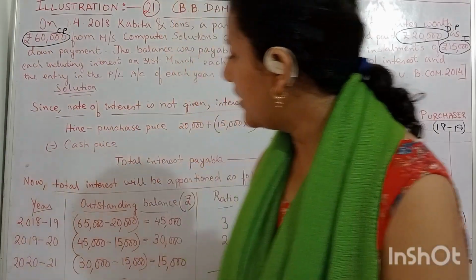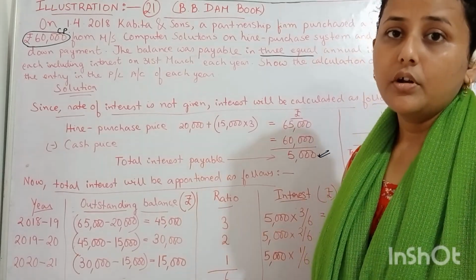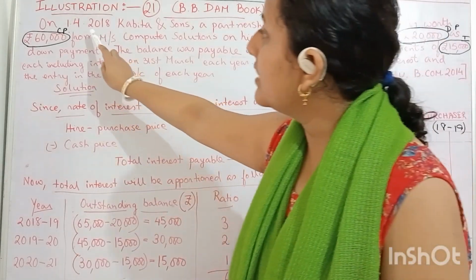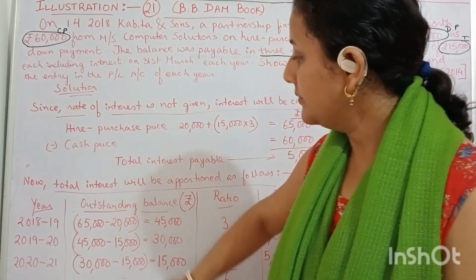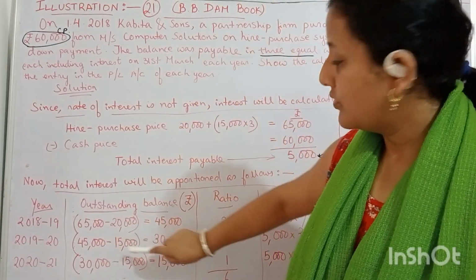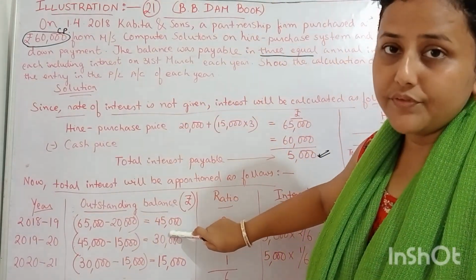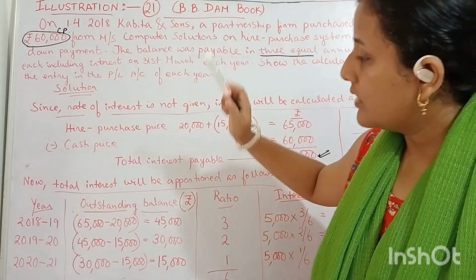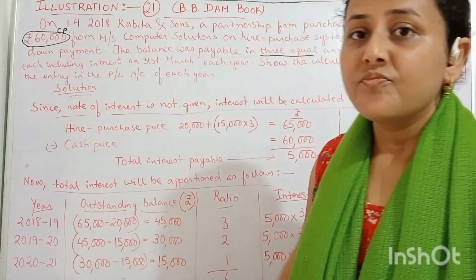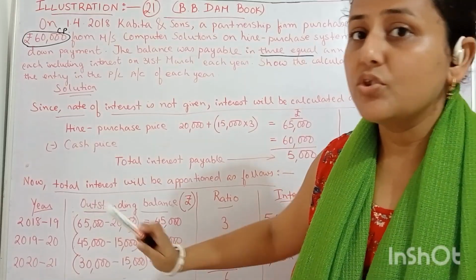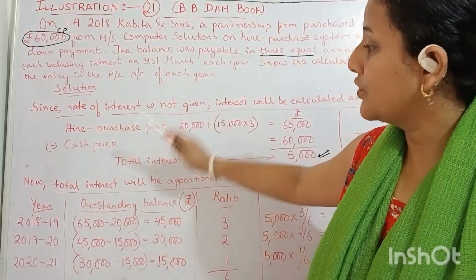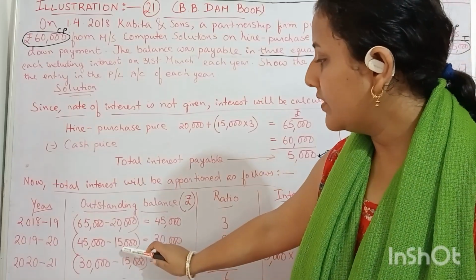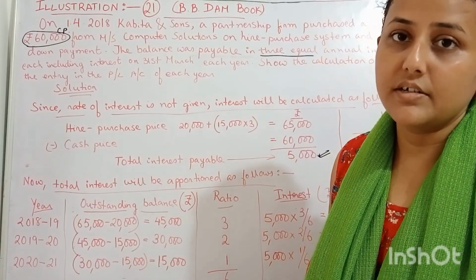You have to take the beginning of the year, what happened in the beginning of the year. In the beginning of 2018, the down payment was paid and deducted, so it became 45,000. Then in the beginning of the second year, the first installment was paid on 31st March 2019, so that first installment was deducted.